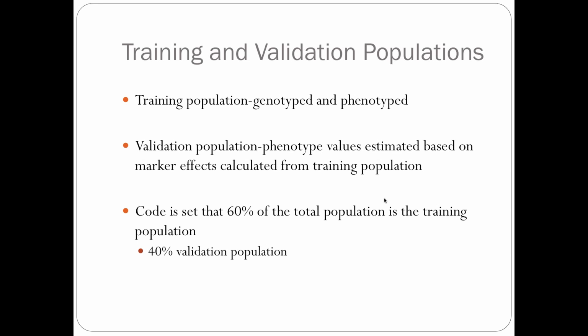Okay. Here's another question. Can it still be used if phenotype values are not normally distributed or variances are heterogeneous? Yeah, it definitely can still be used if phenotype values are not normally distributed.